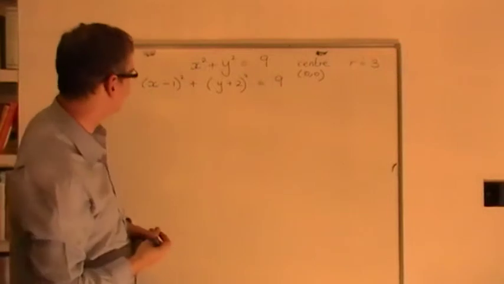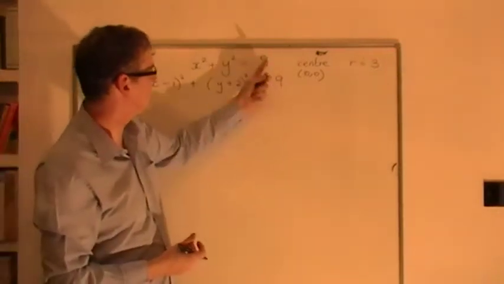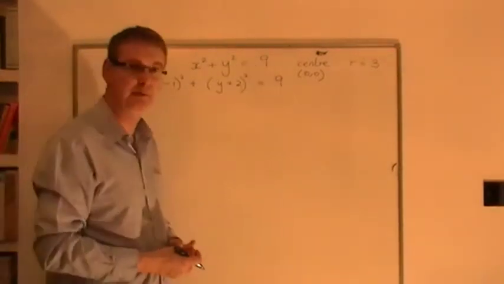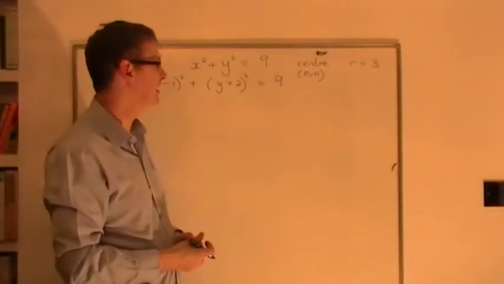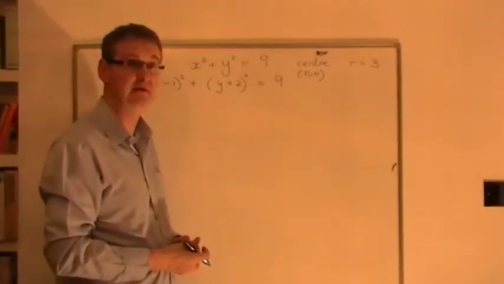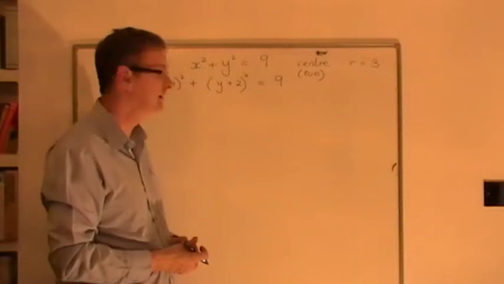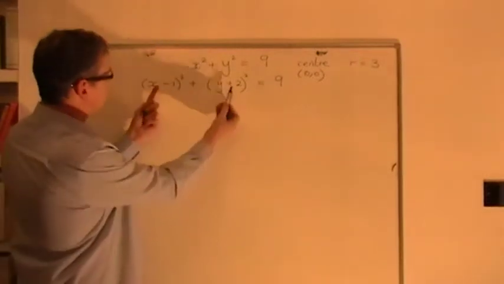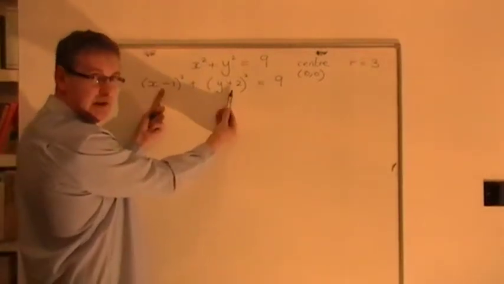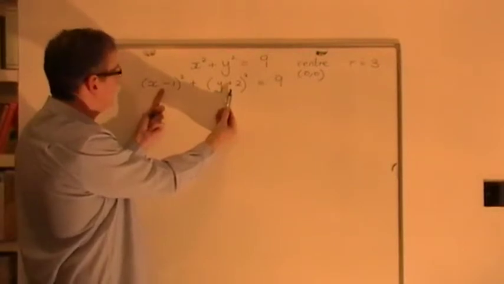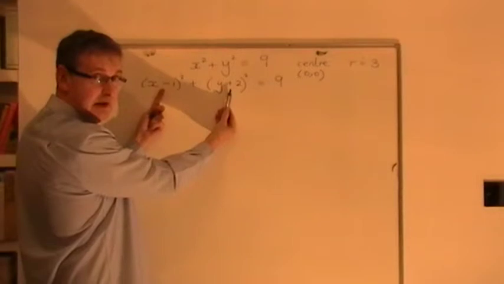So looking at that, you can see that the right hand side is the same. So it's not going to be any great surprise, I don't think, that the radius of this particular circle is going to turn out to be 3 again. But it's the effect of writing these two quantities as I've done here with brackets that's going to change the position of the centre. You might be able to predict, just by looking at it, where you think the centre will be. Okay, so let's work through it and see if you're right.